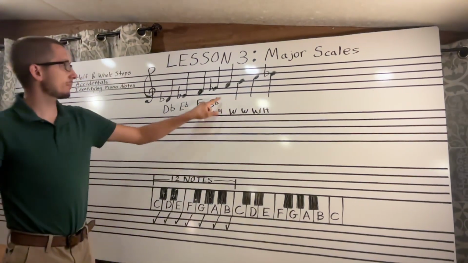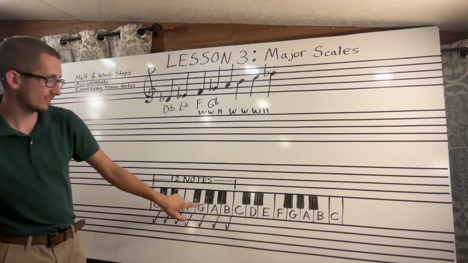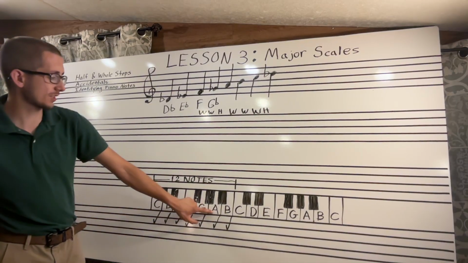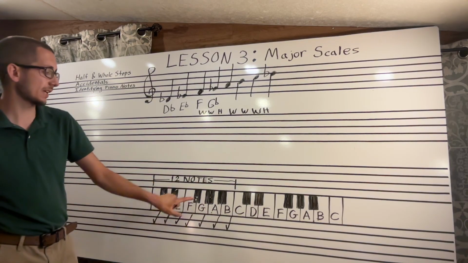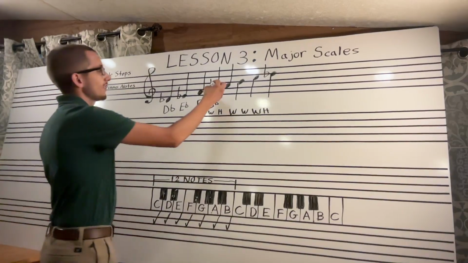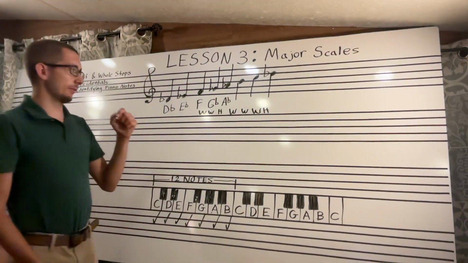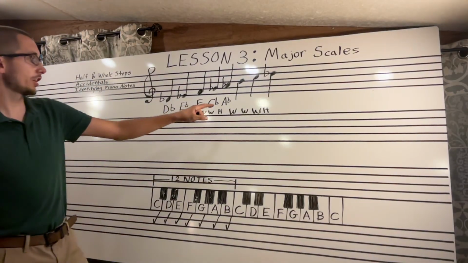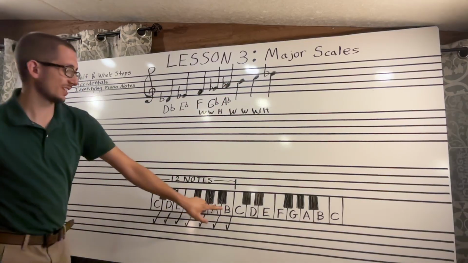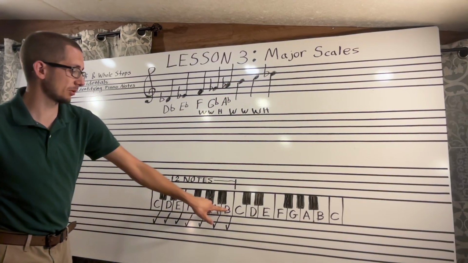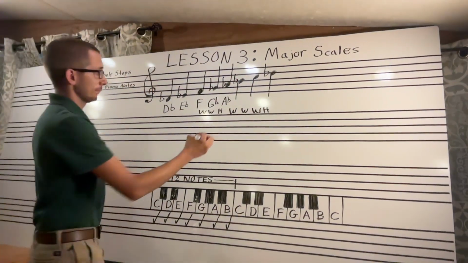Now we need a whole step. G flat to A, is that a whole step? G flat to A? No, in fact that's more than a whole step. So we need to flatten that A to make it a whole step. G flat to A flat would be a whole step. Now, moving on in our formula, we need another whole step. A flat to B is bigger than a whole step, so we need to put a flat sign on the B to make it a whole step.